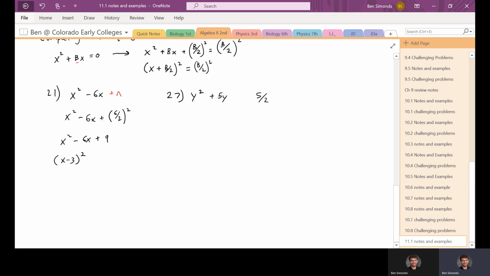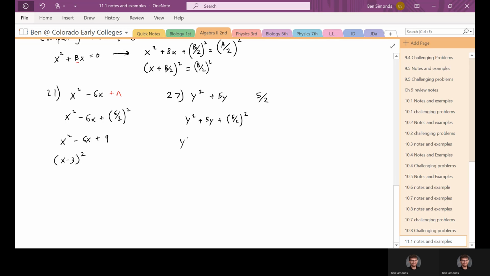So, fractions, right? So we can take y squared plus 5y plus 5 over 2 squared, right? So we take what's in the middle, we cut it in half, and we square it. And that will help us complete the square.